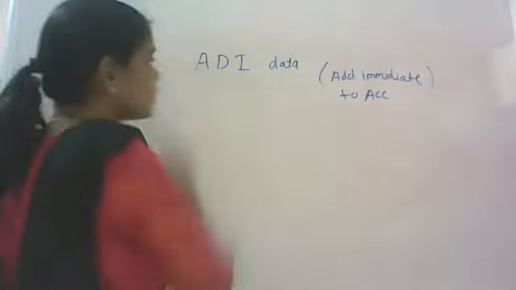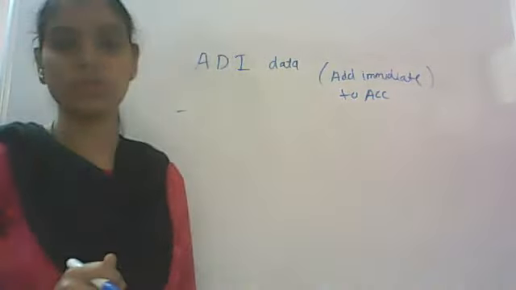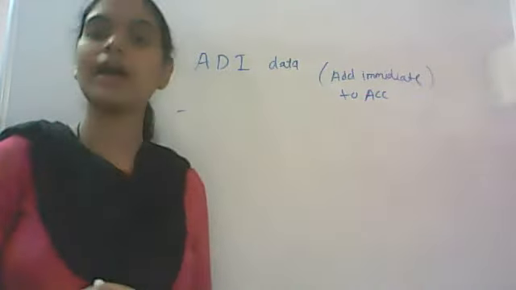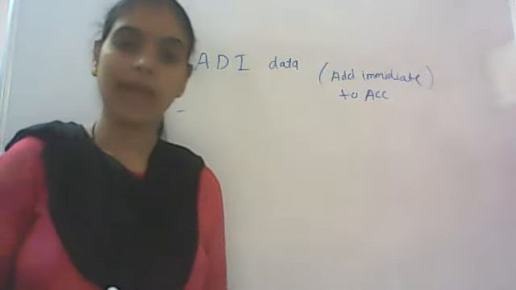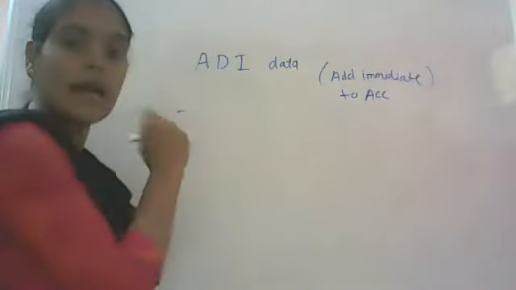In this instruction, which addressing mode is used? Immediate addressing mode is used. The 8-bit data is added to the content of the accumulator. Same here, result stored in accumulator.